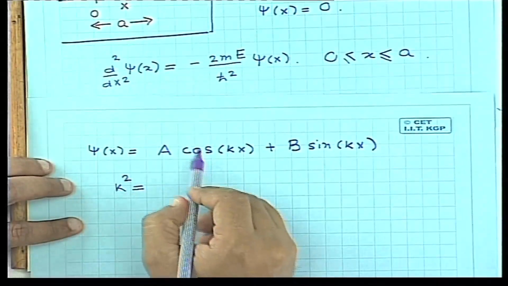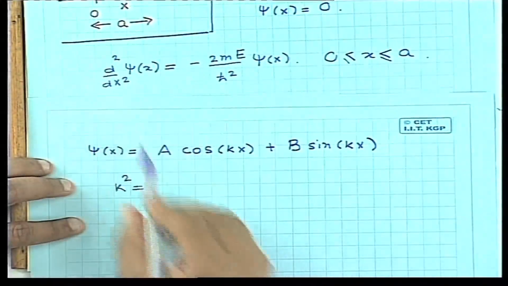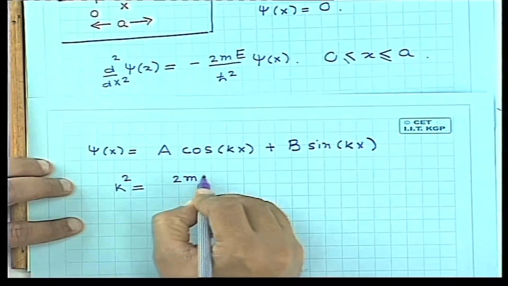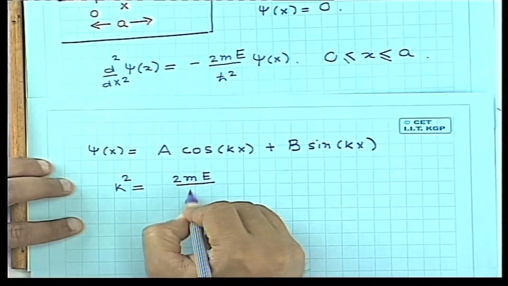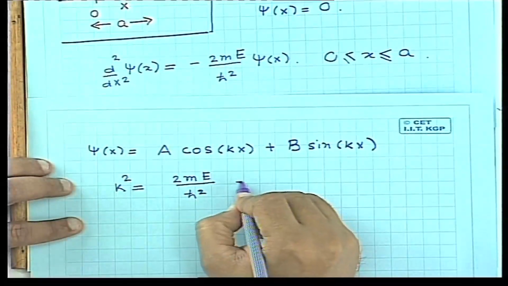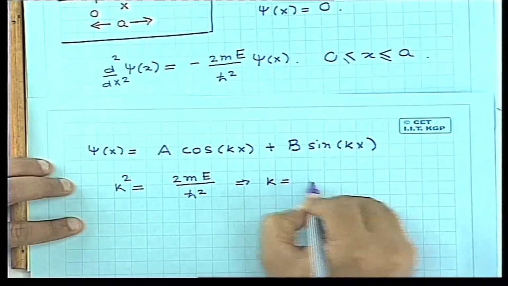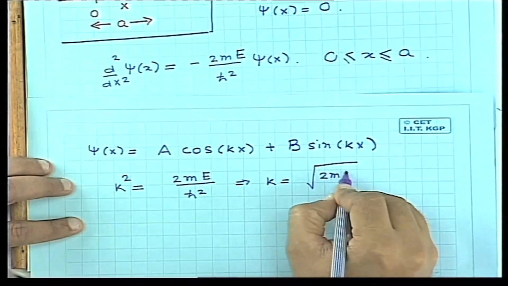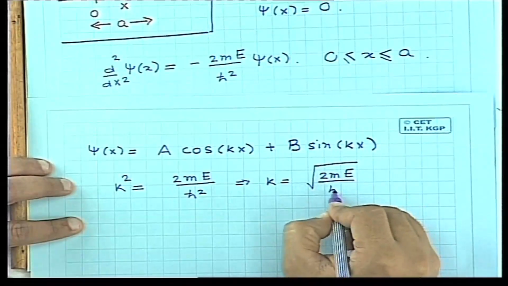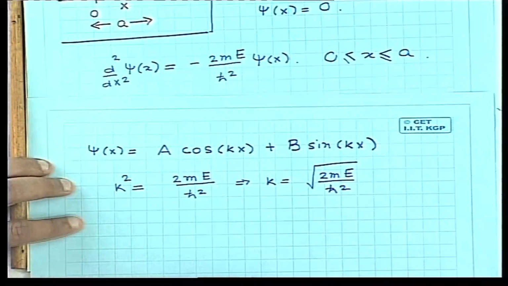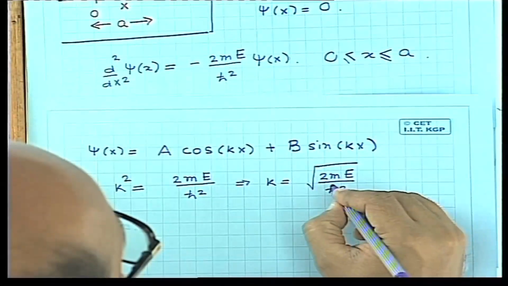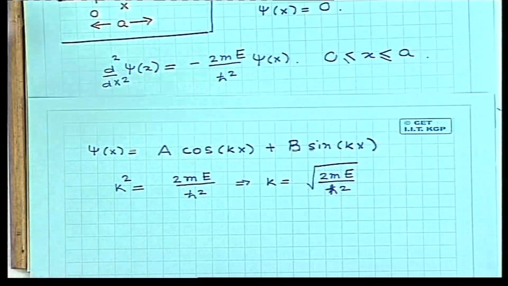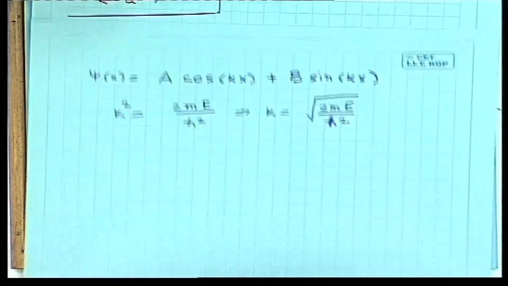So k square should be equal to 2mE by h cross square, or k is equal to square root of 2mE by h cross square. Okay, so these are the two possible solutions.